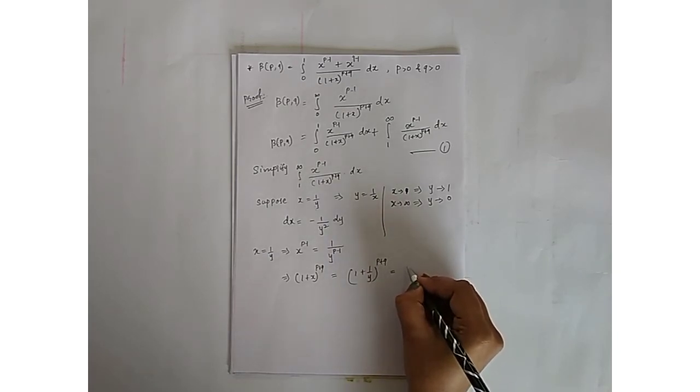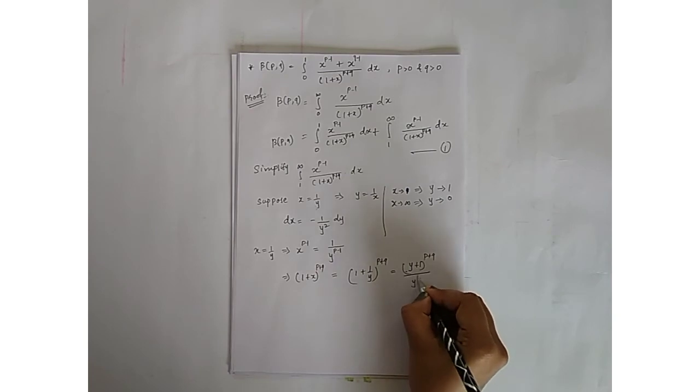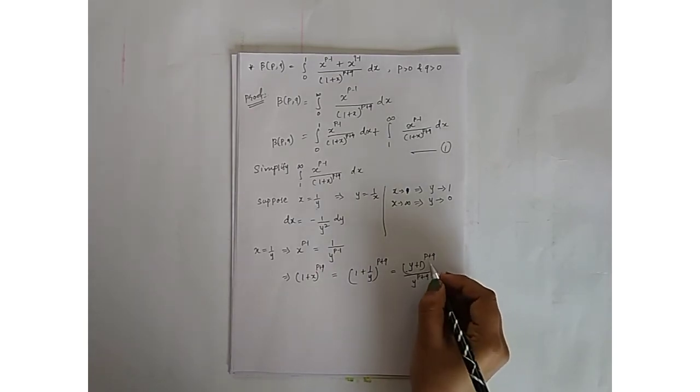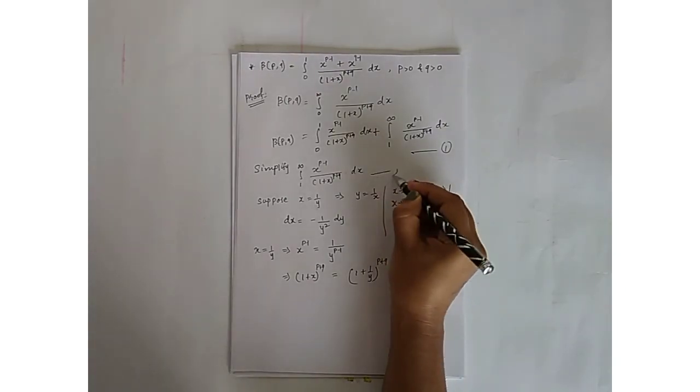Simplify this term, it will become (y + 1)^(p+q) upon y^(p+q). So put all these things in equation number, suppose 2.